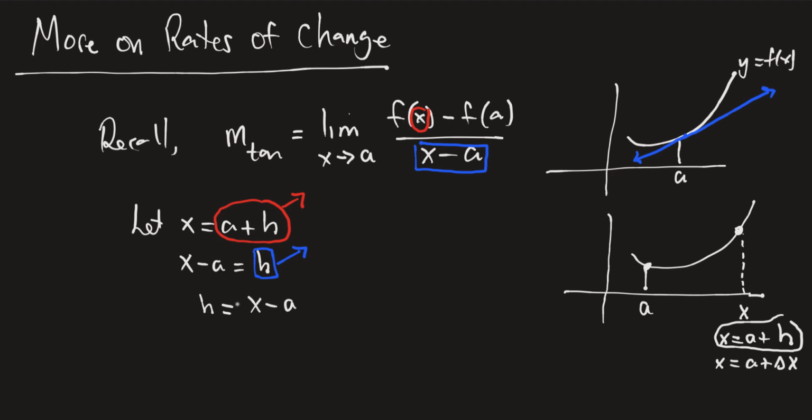So again, we can convert every aspect of it and say this: as x gets closer and closer to a, h will get closer and closer to 0. So this part of my limit will be replaced with this, right? So pretty much everything that previously had the variable x now has this other letter h, right?